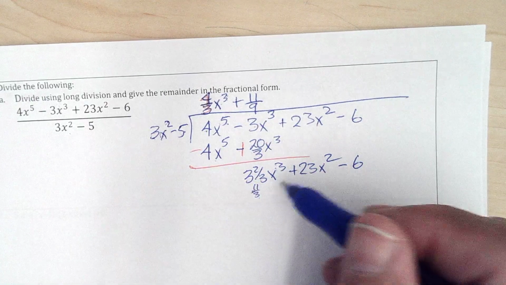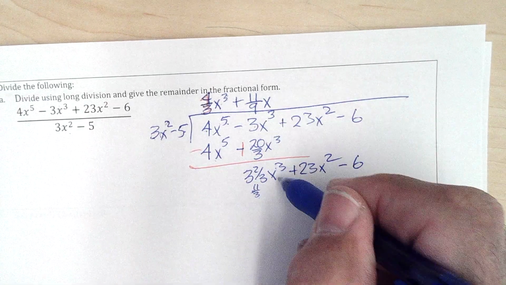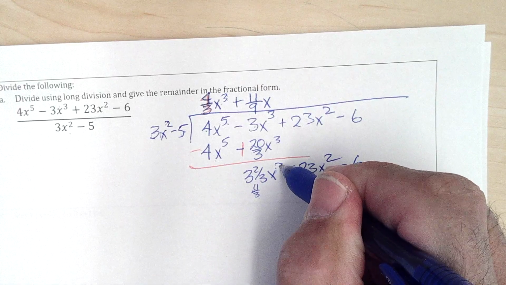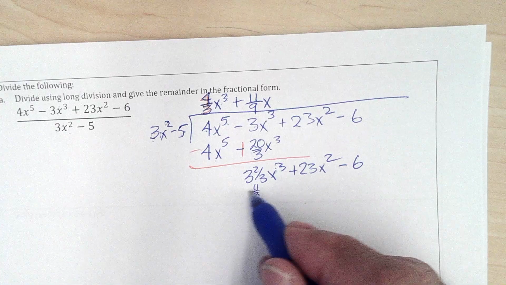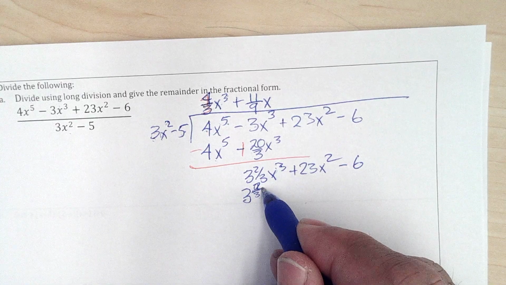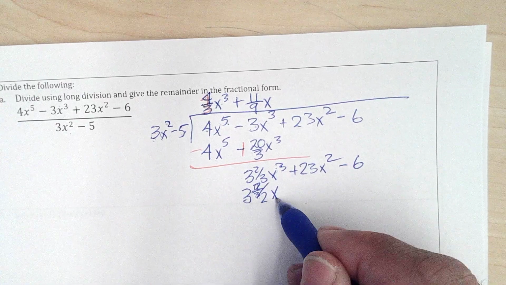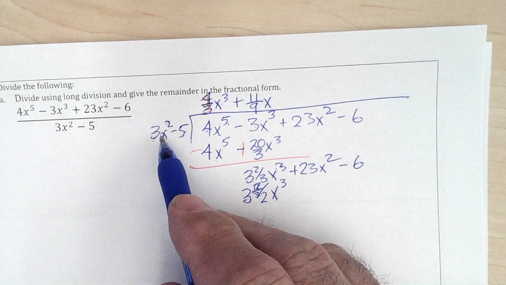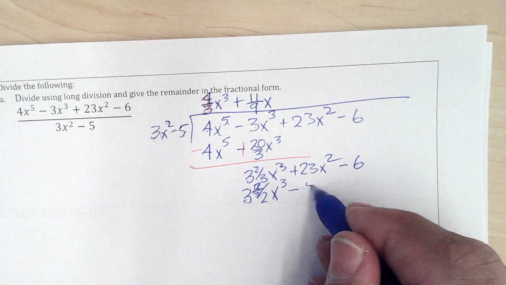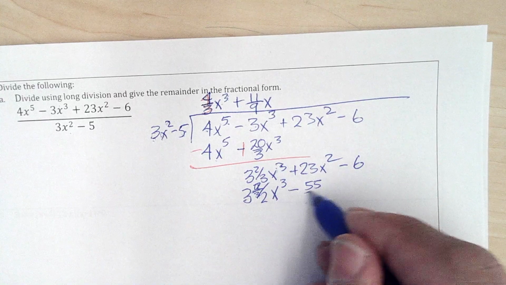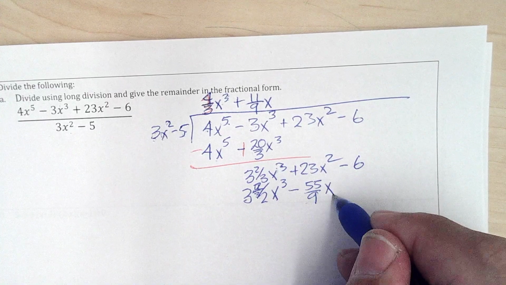And x squared times another x will make x to the third. So if I multiply this times this, I get 3 2/3 x cubed. I take 5 times this and I get minus 55 over 9x.